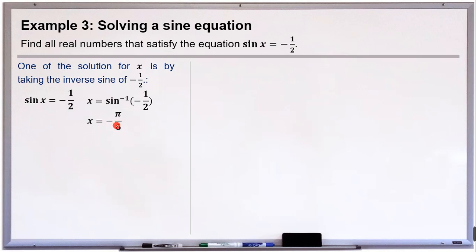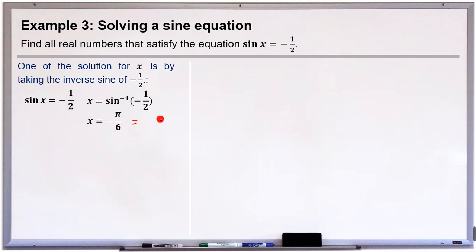Now in standard notation, because this angle is rotated clockwise, if it is an angle in standard position, that is, the rotation is counterclockwise starting with the positive x-axis, this will give us an equivalent coterminal angle.